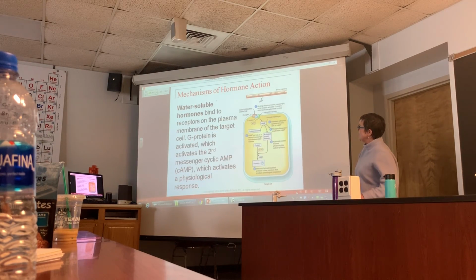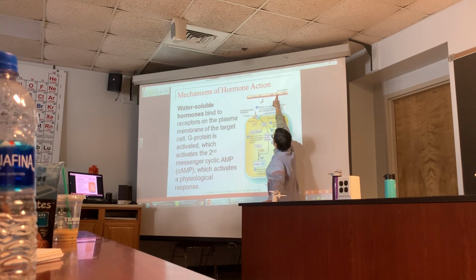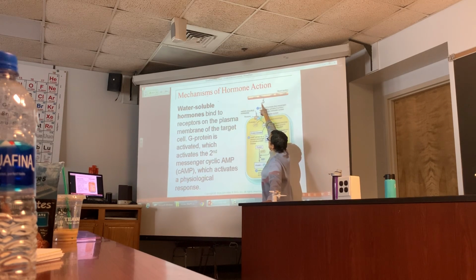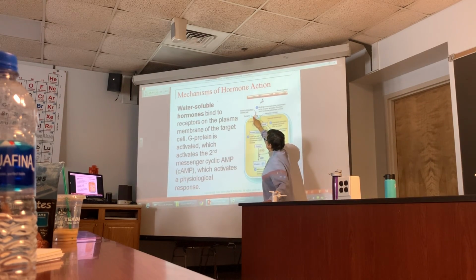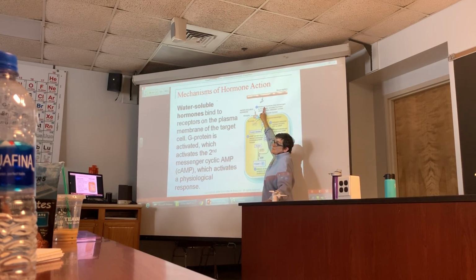Okay, so in the case of water-soluble hormones, here's the hormone up here in the blood capillary, and the hormone is released out of the capillary into the interstitial fluid and onto the target cell. This is the target cell membrane, and there's the receptor. The water-soluble hormone binds to its specific receptor. If this is insulin, this would be an insulin receptor. If it's glucagon, it's a glucagon receptor.